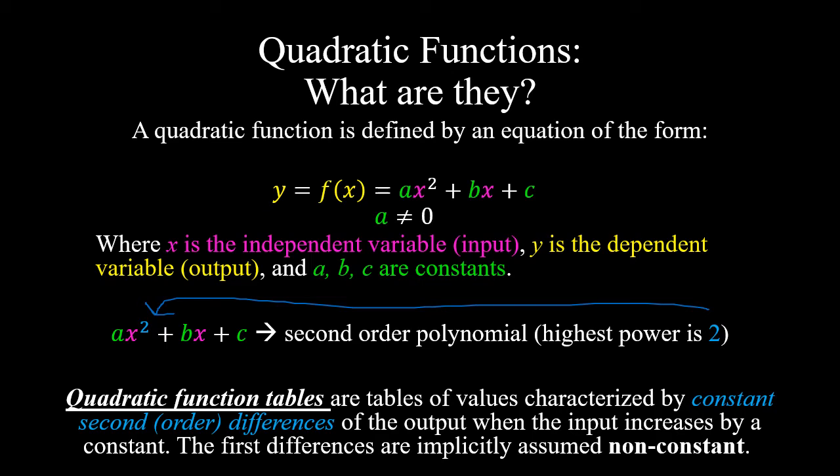We said that quadratic function tables are tables of values characterized by constant second order differences of the output when the input increases by a constant. So we notice this second order keeps popping up: second order polynomial, second order differences. Those were really important, so let's quickly review that concept.